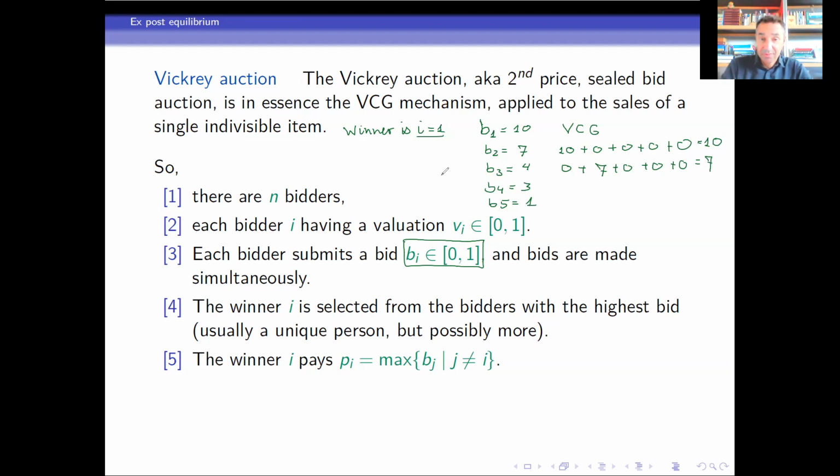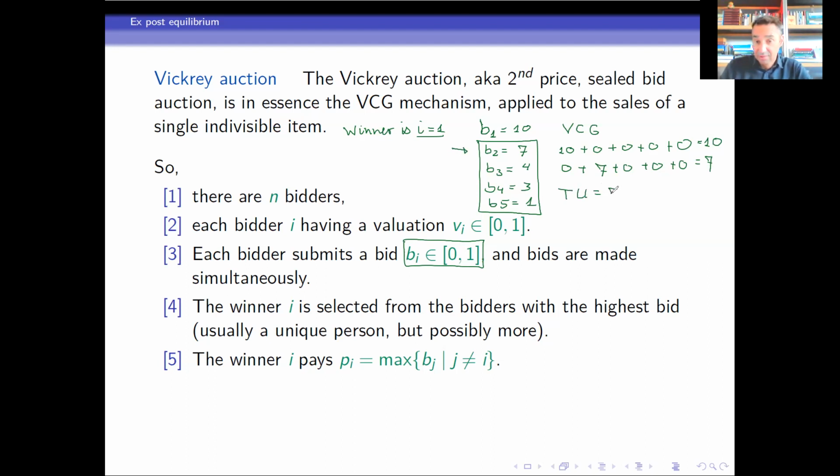So what is the payment? The payment is your externality, right? And so what would that be? Well, if you would restrict the allocation process to just these 4 people, what would happen then? Then the total utility would be maximized by assigning it to bidder 2 in this case, right?